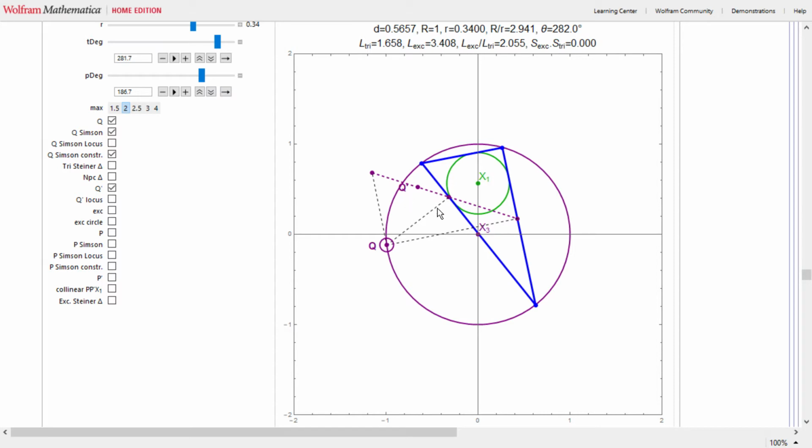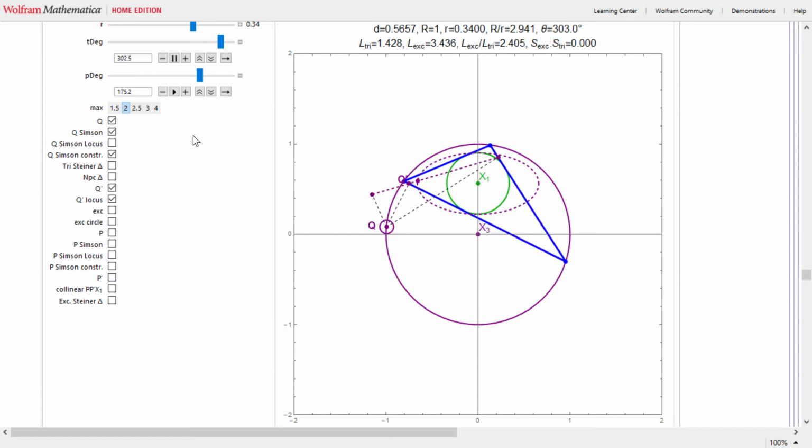The set of all Q primes over the set of possible Qs, their locus, is actually an ellipse. So for all Qs on the circumcircle, the fixed center of rotation of the Simson line set is going to lie somewhere on this ellipse. Let me leave Q here and let me animate the family.